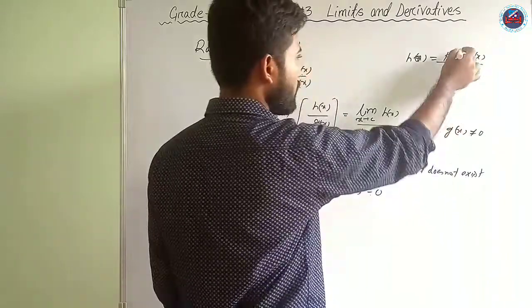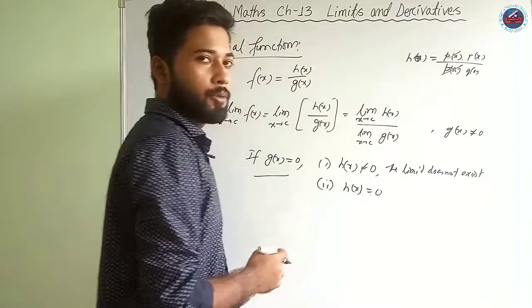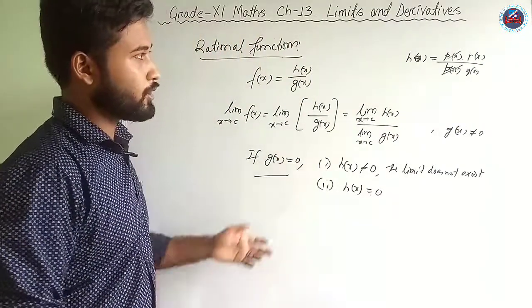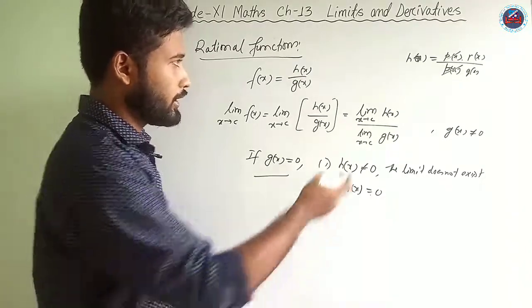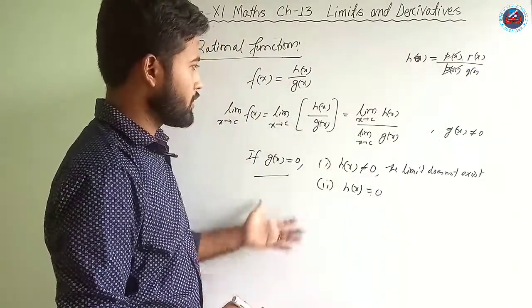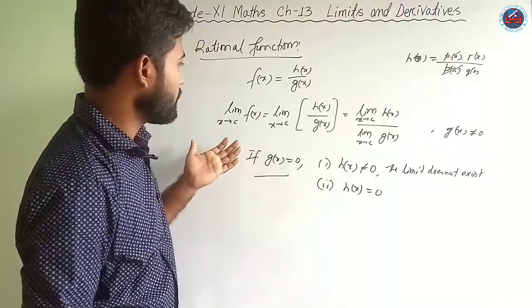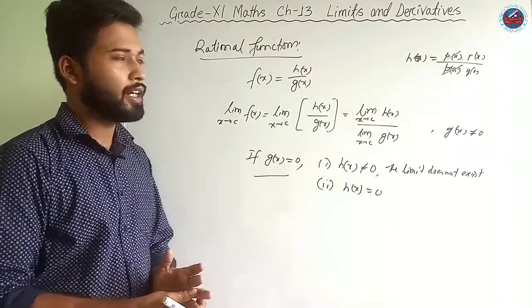So we cancel out p(x), and then we see that r(x) and q(x) are not in the 0 by 0 form, and then they can be defined. This is how we find the limit of a rational function.